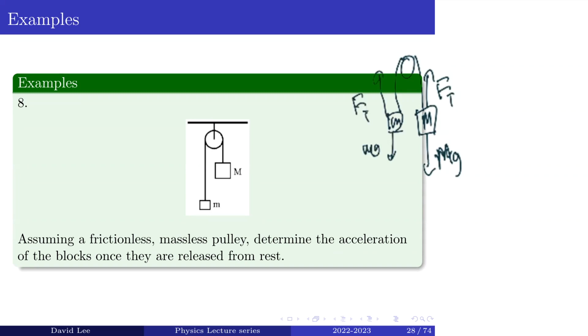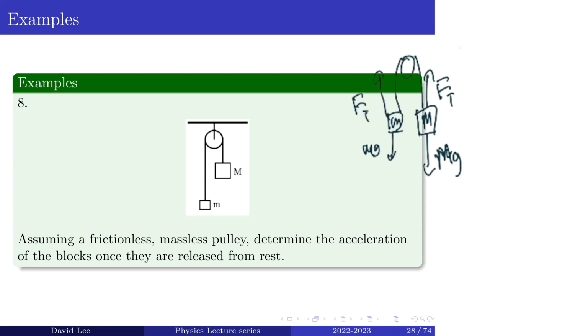The key observation here is that if this is an ideal massless string, then the tension has to be the same throughout the string. So from there, we can get two equations, which will be the F equals ma equations for both masses.